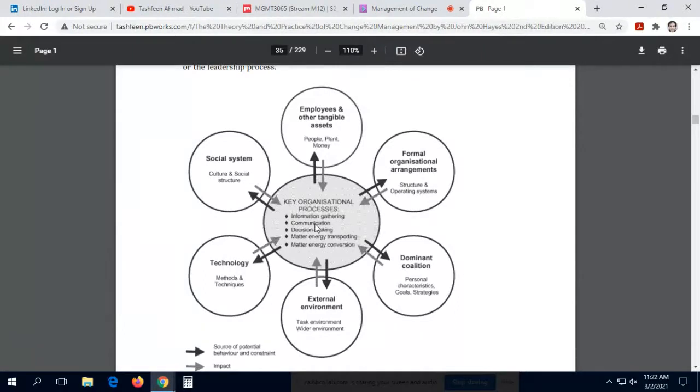Communication, you guys mentioned that in the last session, if you can recall. Decision making, yes. All of these things which they are talking about, yes. And then see how they are talking about different areas now.